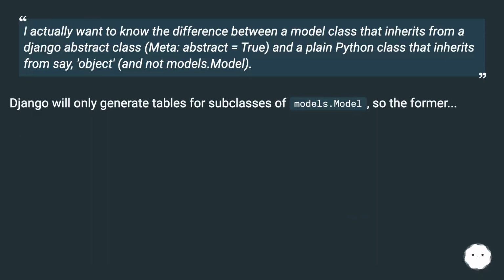I actually want to know the difference between a model class that inherits from a Django abstract class, Meta, abstract equals True, and a plain Python class that inherits from, say, object, and not models.Model.